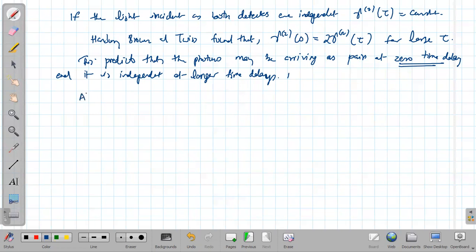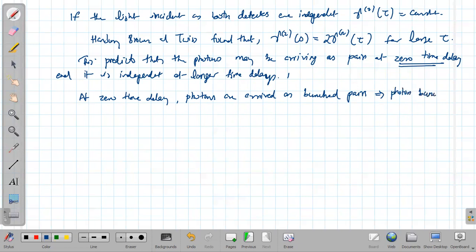So at zero time delay, the photons arrive as bunched pairs, and this phenomenon is called photon bunching. There is its opposite effect also, photon anti-bunching.